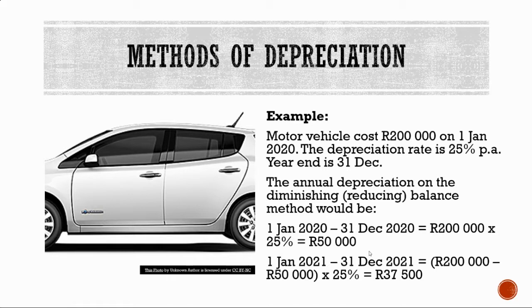Whereas with the straight line, we're saying, okay, after year 4, that asset is worth nothing. We would generally use that more for specialized type assets. For example, in your mining or construction industry, where after a number of years, you have to refurbish that item before you can use it again.